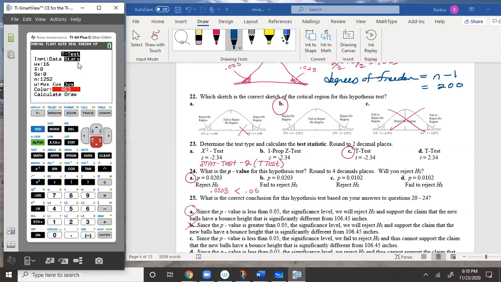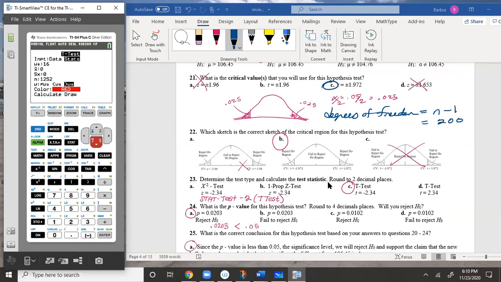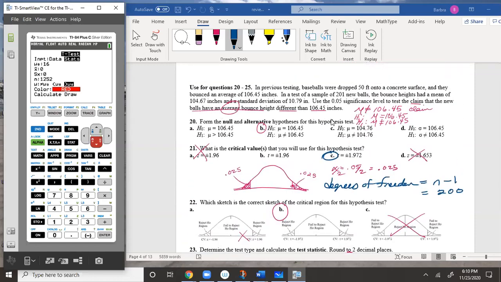And they're going to ask you for mu naught, which is the claim, the mean. And that is 106.45. And the mean in the problem, the sample mean, is 104.67.